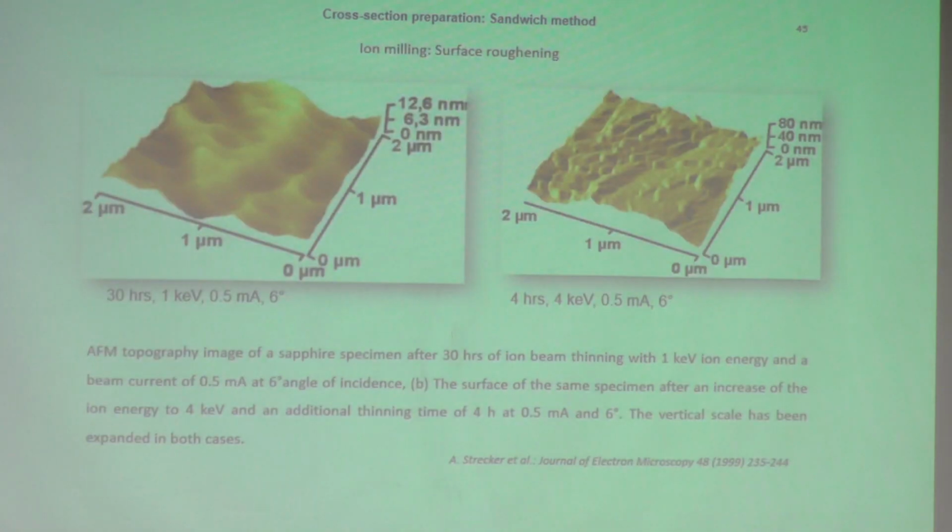Then the problem with ion beam thinning is surface roughening. It's a method based on the ion beam, so you have to amorphize and then remove the amorphous layers from the surface, and this brings some roughness.